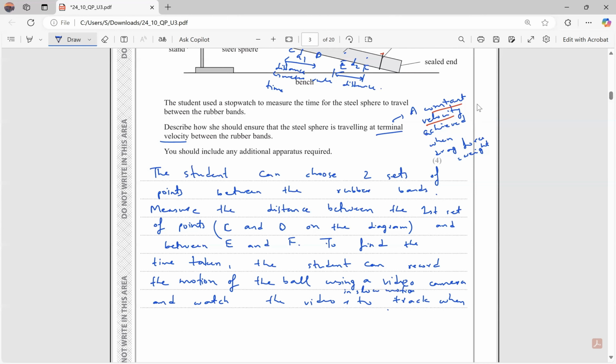You have to say that the student must watch the video in slow motion to track when the ball passes between C and the ball passes point C and D. Subtract the 2 times, you get the time taken.